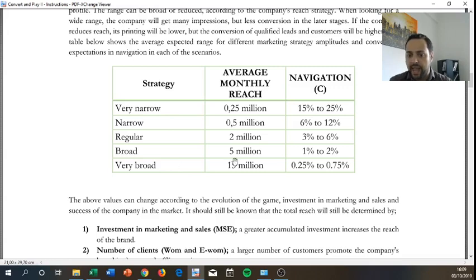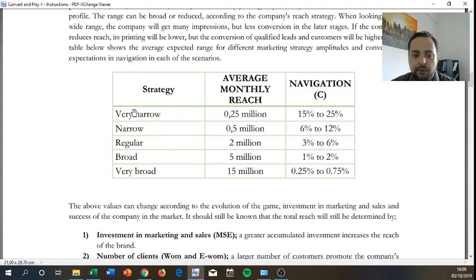But as you can see here, if you choose a very narrow strategy, you don't reach a lot of customers per month, but the number of people watching your promotion who will navigate on your websites, on your blogs, on your videos, and so on, will be much higher.